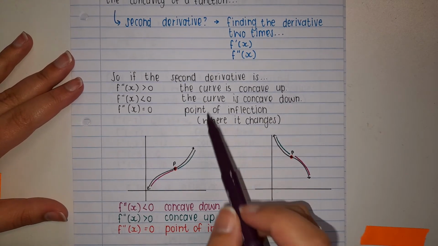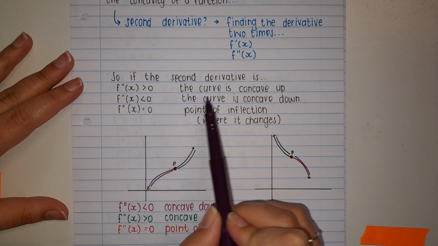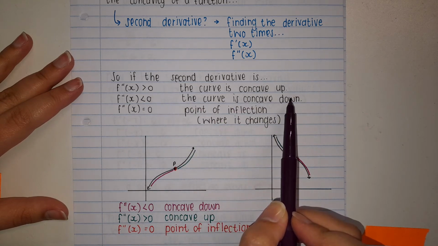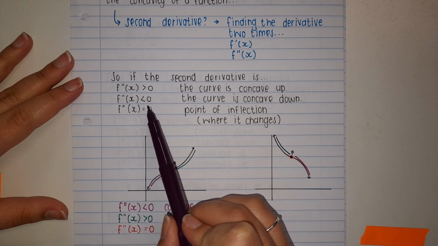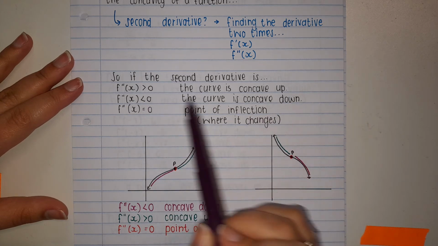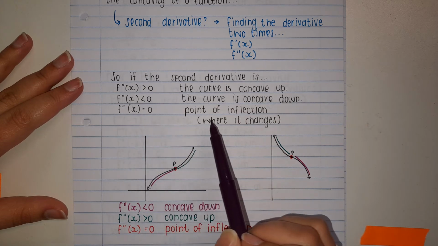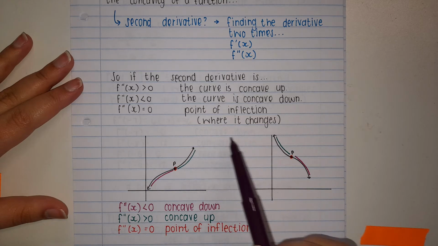Okay, so now is the important part. If my second derivative is bigger than 0, the curve is concave up. If my second derivative is smaller than 0, the curve is concave down. And if my second derivative is equal to 0, that's my point of inflection where it changes.